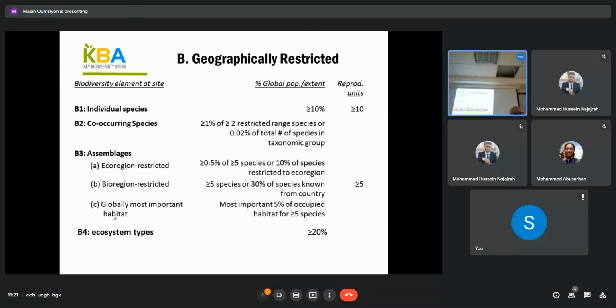And this is a very specific type of habitat. You could qualify with B3C. And the last one, before ecosystem types, if you have unique ecosystem in your country, you could qualify for that. But it needs a difficult, a complete explanation why.